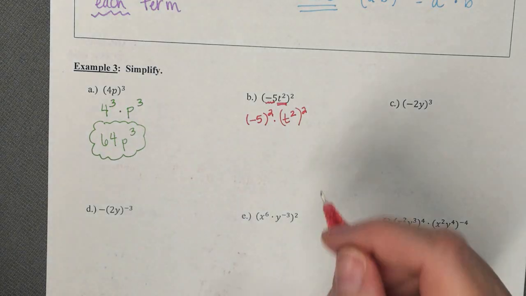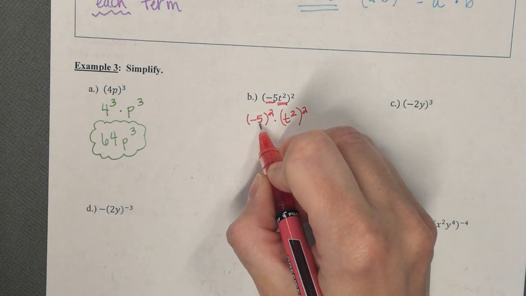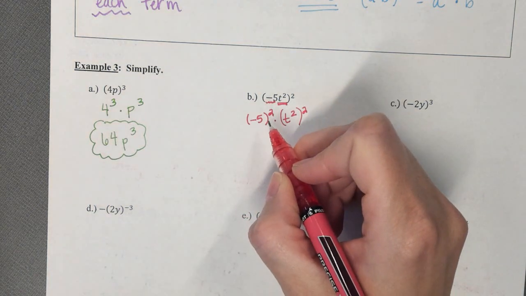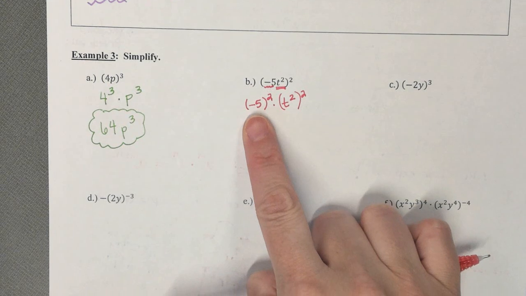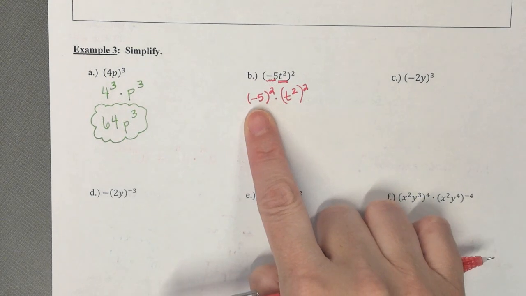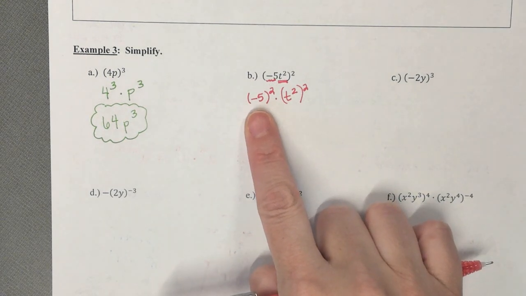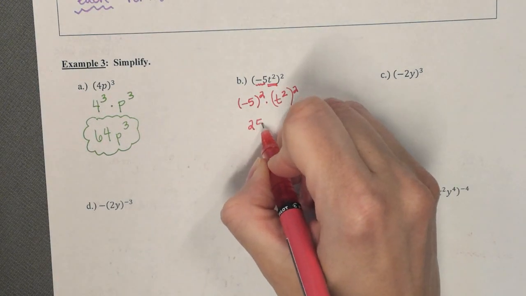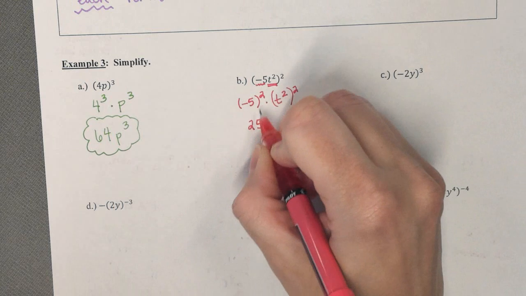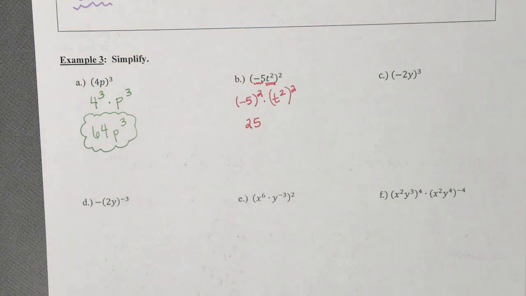So what that means is you're going to do -5 squared, but in parentheses. What is -5 times -5? What happens when you do negative times a negative? 25. Yep, it should be positive 25. So if you get a negative in your calculator, it's because you didn't do the parentheses.